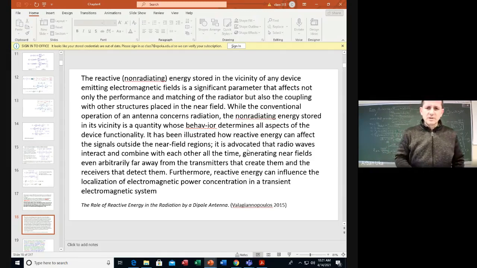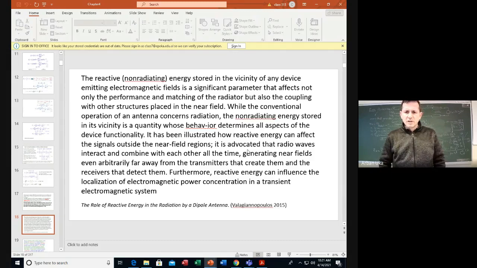So if we read from here, we notice that while the conventional operation of an antenna concerns radiation, the non-radiating energy stored in its vicinity is a quantity whose behavior determines all aspects of the device functionality. It has been illustrated how reactive energy can affect the signals outside the near field regions.